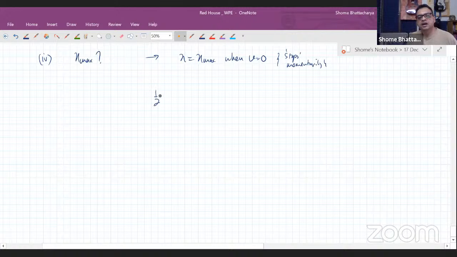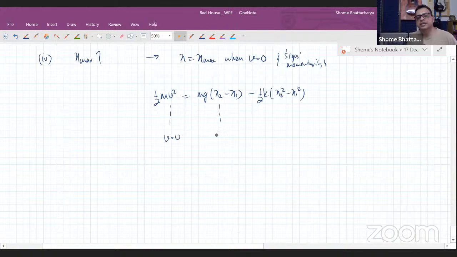So we had that half mv square was mg into x2 minus x1 minus half k into x2 square minus x1 square. This was there. So in this we will substitute v as 0, x2 as the x maximum which we are trying to find out, whereas x1 is 0.5 centimeters.